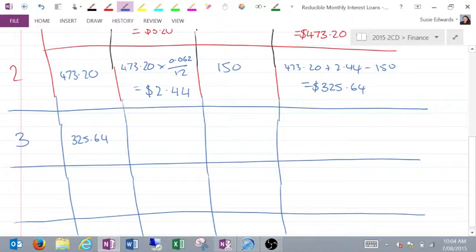Are you guys just doing it by yourselves? Good. So we go 325.64 times by 0.062 over 12, take 150. What was the interest? Has someone worked it out? And have we got our balance?